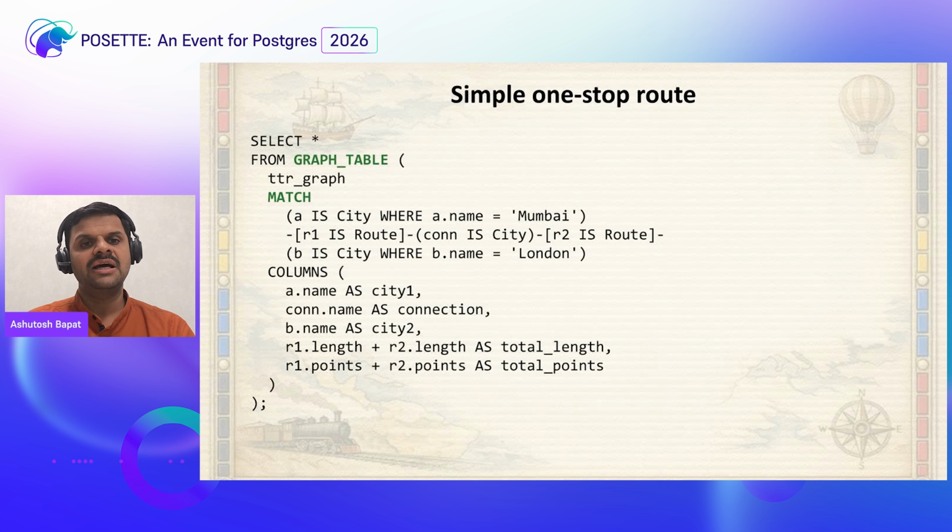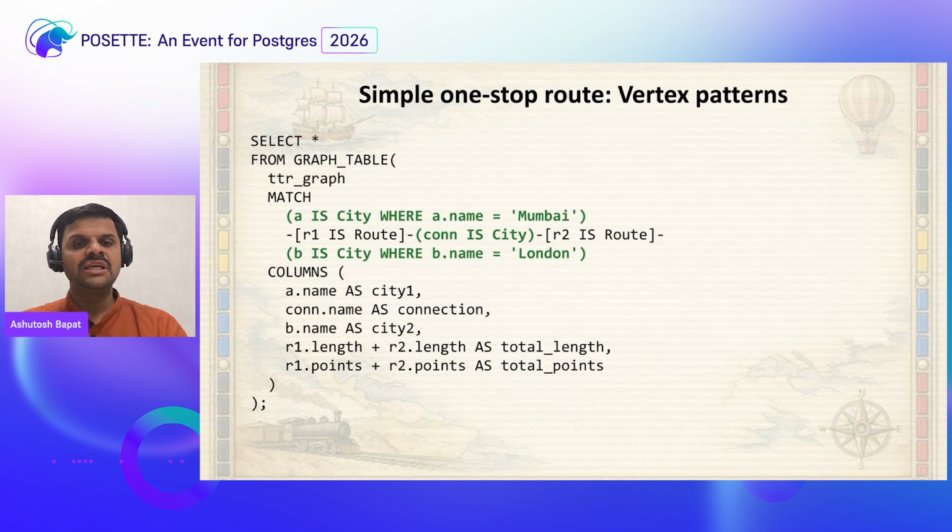In order to specify a property graph in the SQL query, we use the graph table construct enclosed in parentheses. To that, we specify the property graph name. After that comes the match clause. In the match clause, we give the pattern which we want to explore for a substructure in the graph.